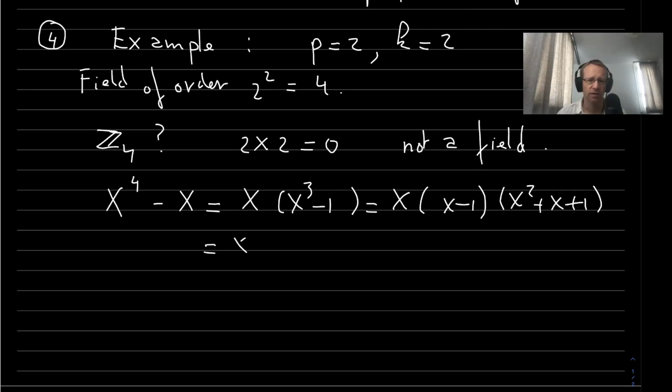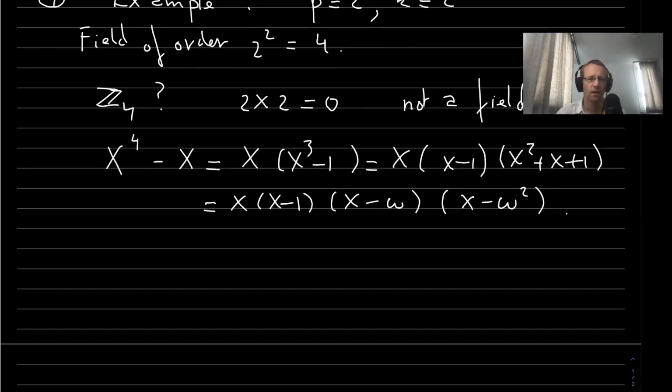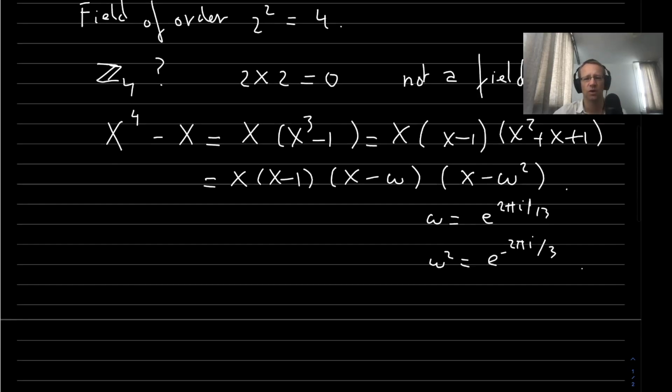And this is nothing but x times x minus 1 times x minus a non-trivial third root of unity, and then x minus the square of that non-trivial root. So you can think of omega, for instance, as e to the 2 pi i over 3, and omega squared is e to the minus 2 pi i over 3, because e to the 2 pi i is 1.